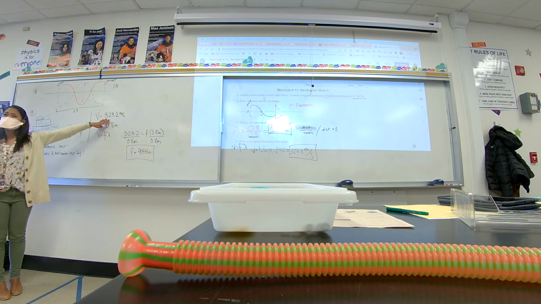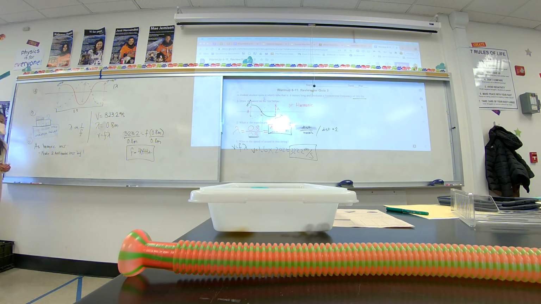Any questions? All right, we already went over this, but I'm going to emphasize it anyway. As the harmonic increases, what happens to the wavelength? It decreases. And based on this inequality, if the wavelength decreases, what happens to the frequency?